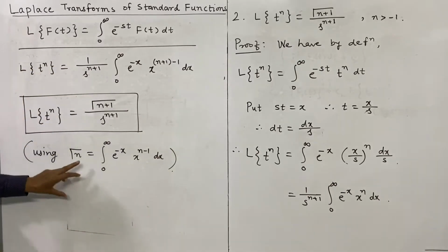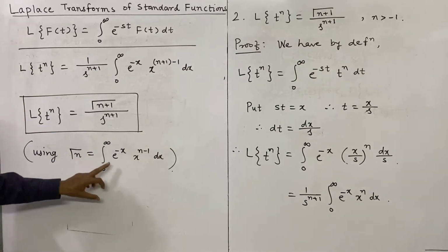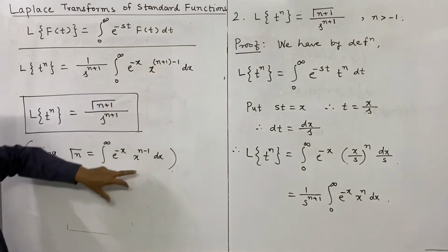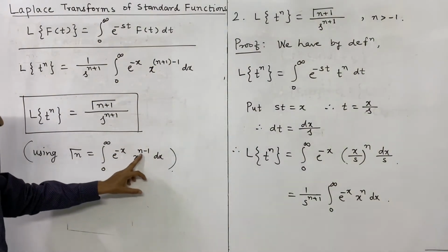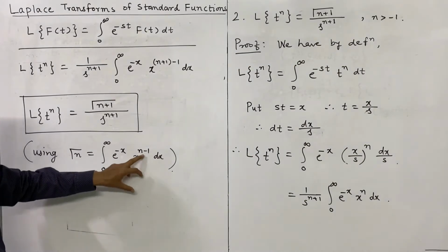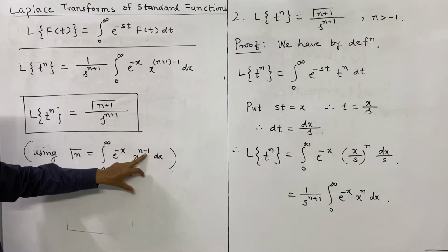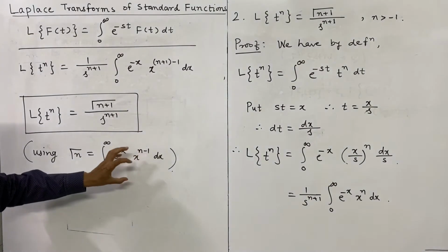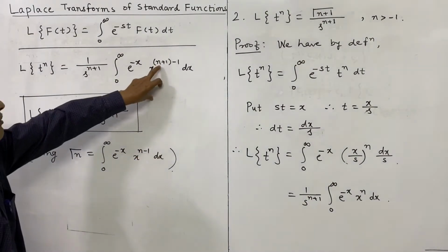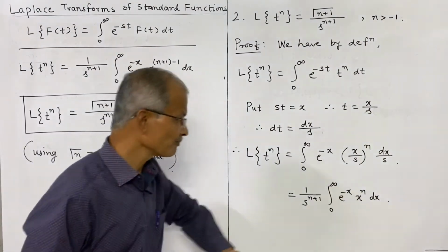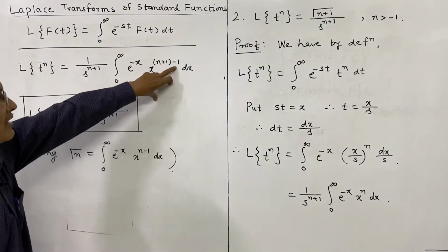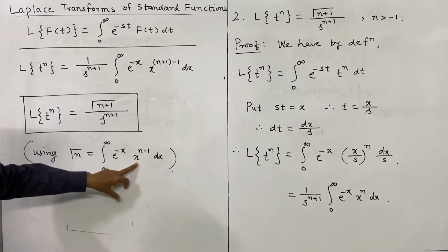And you see this is gamma of n, and here e power minus x is a fixed function, and x to the power n minus 1. In this form the power we have to write as n minus 1, or some number minus 1, and that number we have written here as n plus 1 minus 1 because the power is n here, and therefore we have added and subtracted 1 to get this form.